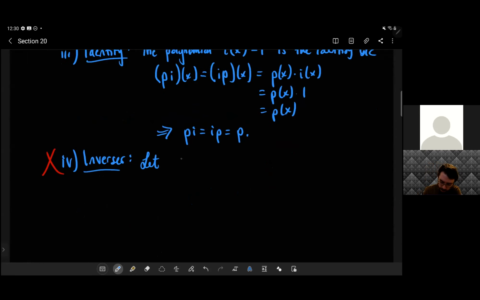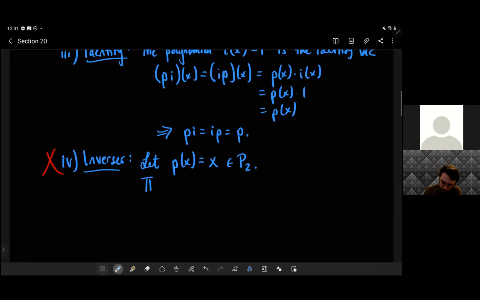Let p of x be the polynomial, I want to just say x, the identity function. That's an element of P2, certainly. Does it have an inverse? It shouldn't.